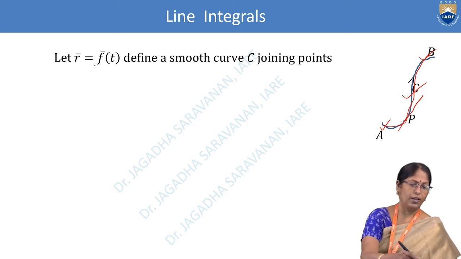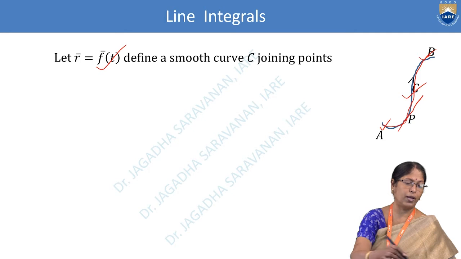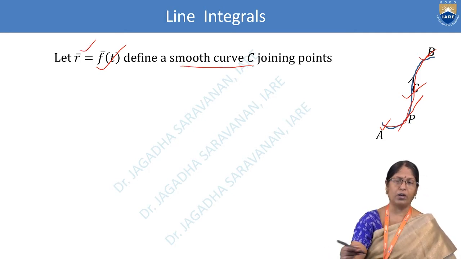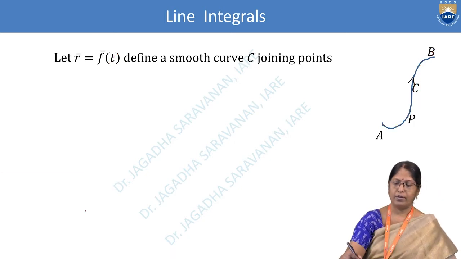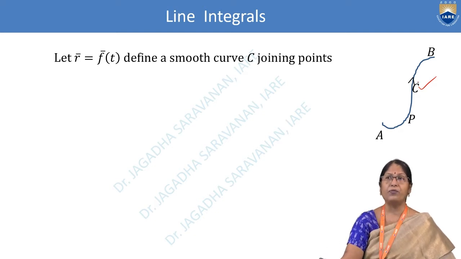Now, F bar of t, it's nothing but vector r. It is a smooth curve. That is, this curve is a smooth curve. The meaning is that the curve is continuous and differentiable.